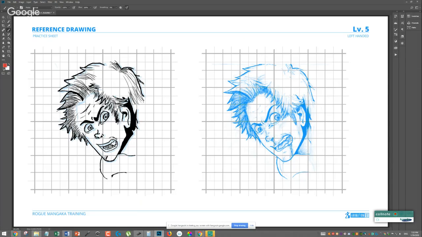For example, I'm gonna find this point, right? I find that point in your reference. As you can see, the line of the chin is crossing on the right side of that dot, and in your case it's crossing on the left side. Can you see?